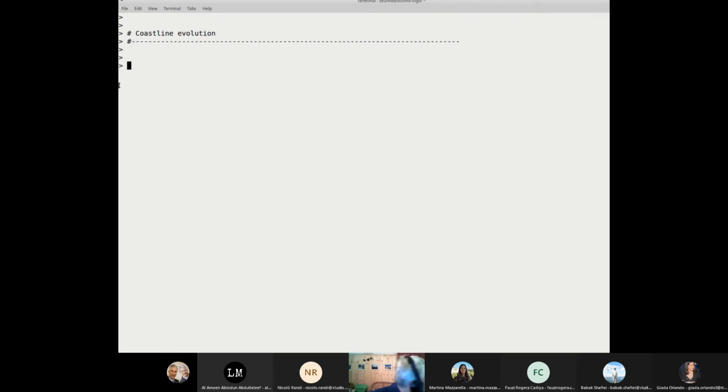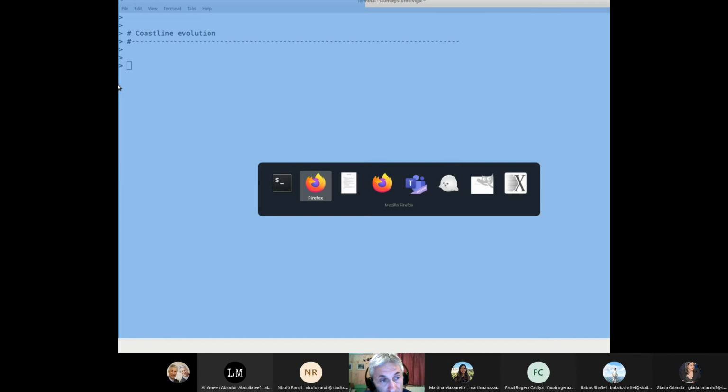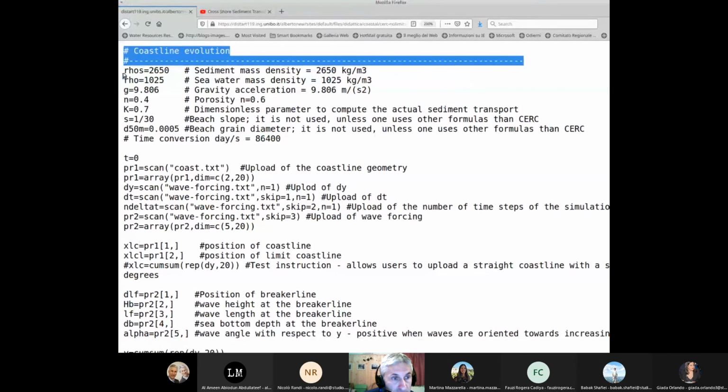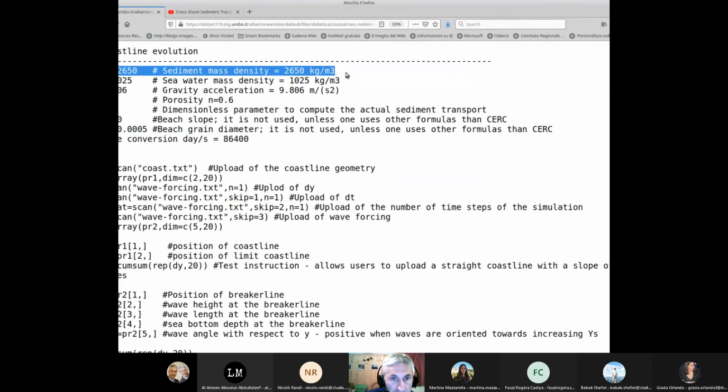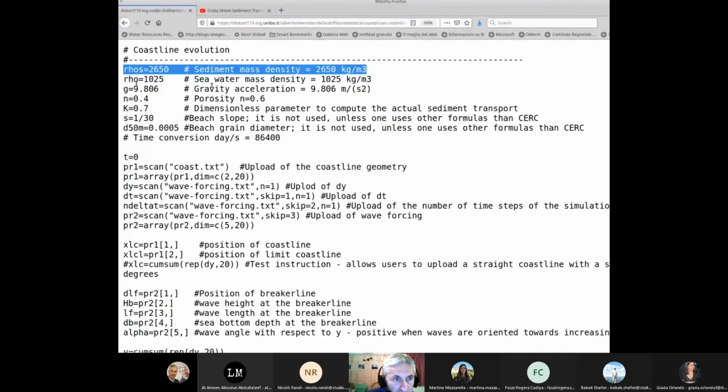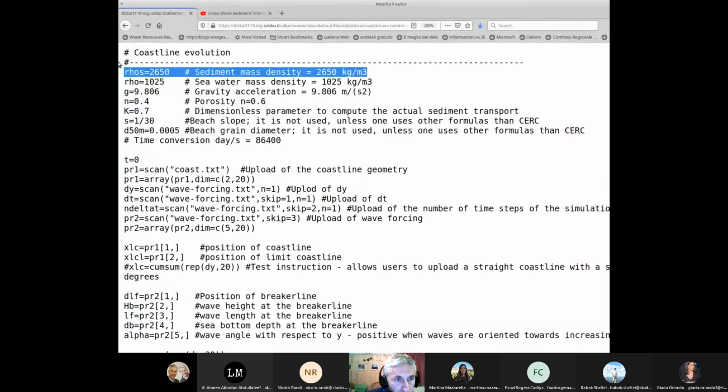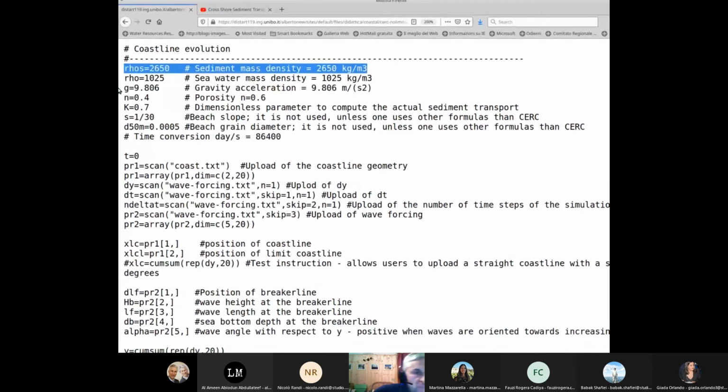Good. Now, let's go again to the R file. Let's take the first instruction. It defines a variable. Let me copy it. Copy. And let's see what's written here.